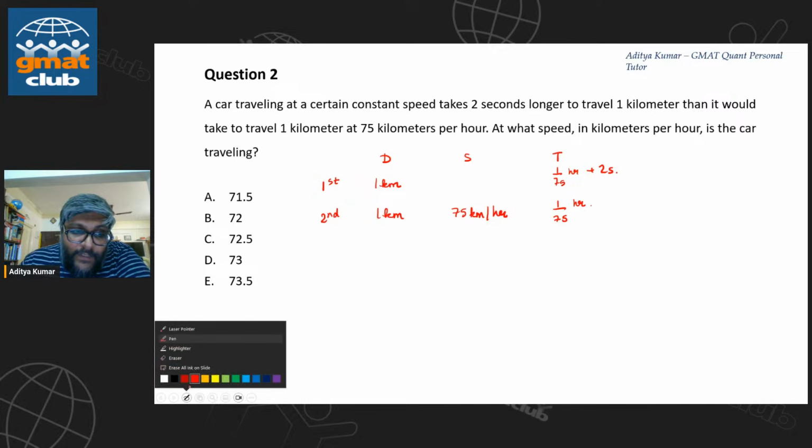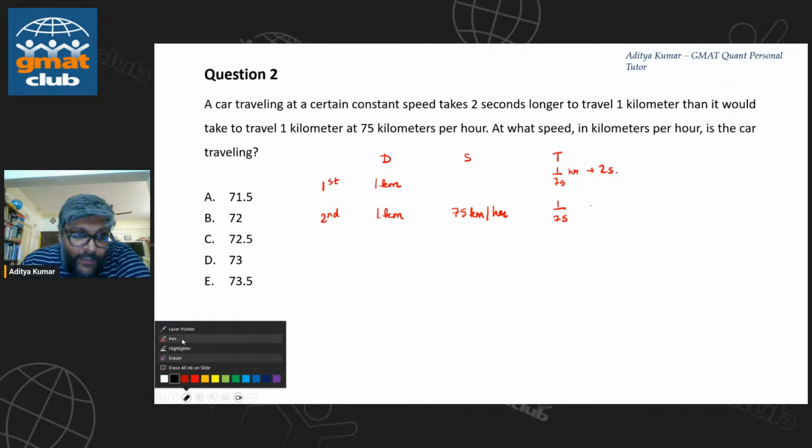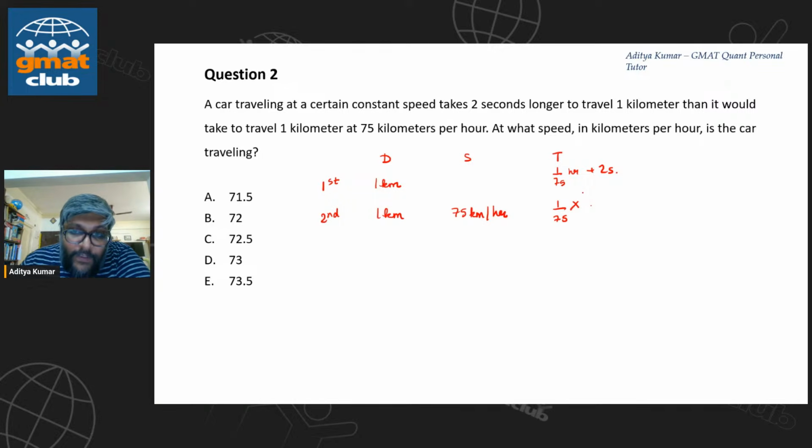So since I have everything in terms of hours and seconds, I want to keep that across a common unit. I'll change everything to seconds. So I'll write 1 by 75 hours as 1 by 75 into 3,600 seconds, right? 1 hour is 3,600 seconds.